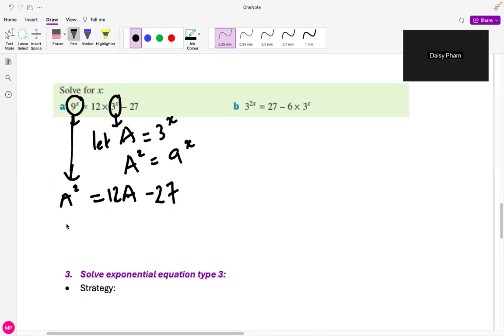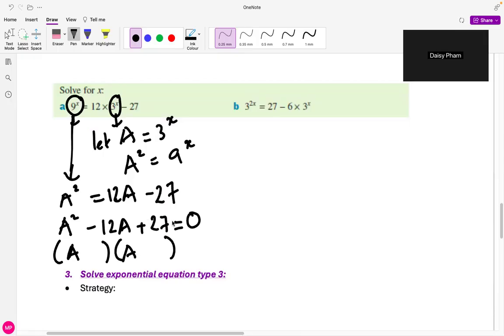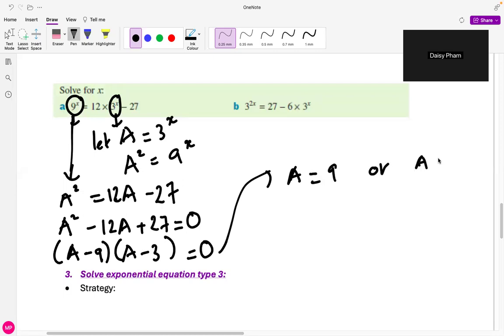Then you make one side equal 0: a squared minus 12a plus 27 equals 0. Then you would factorize this as two numbers that times together equal 27 and add together to negative 12, which is -9 and -3, equals 0. So you would have a equal 9 or a equal 3, right?